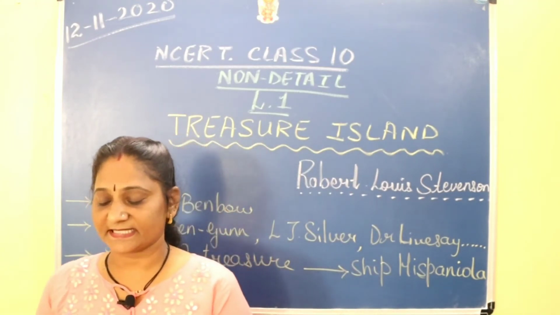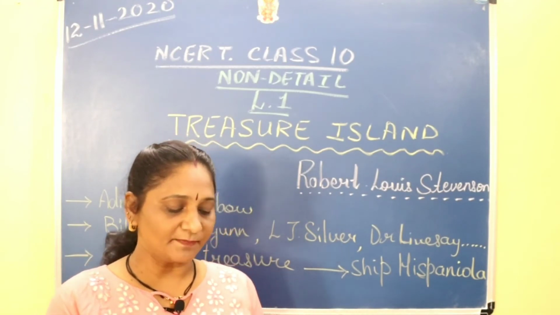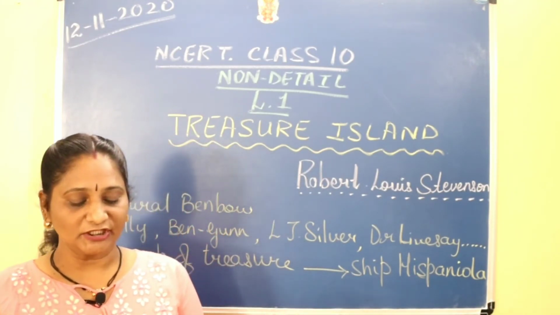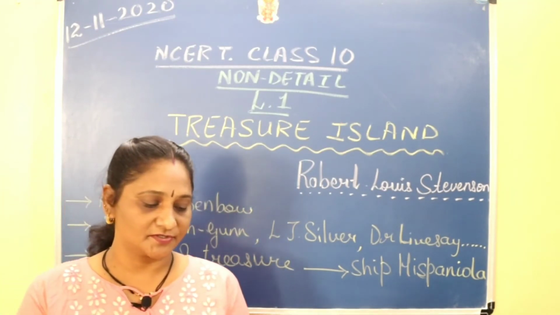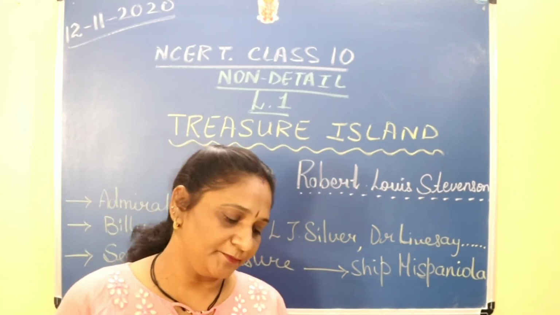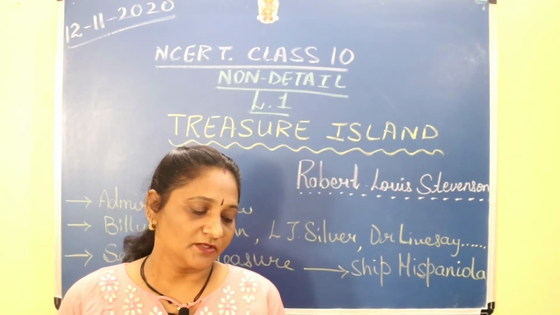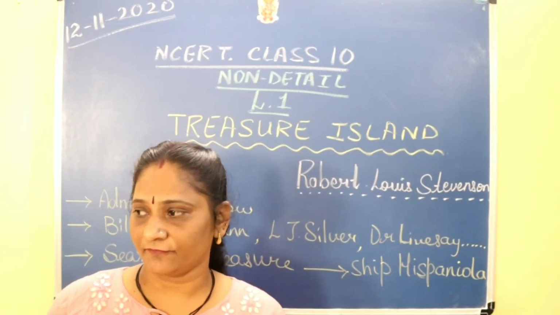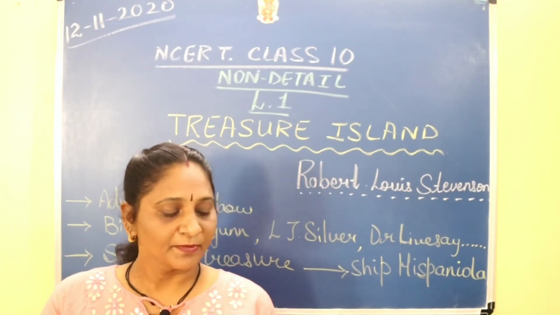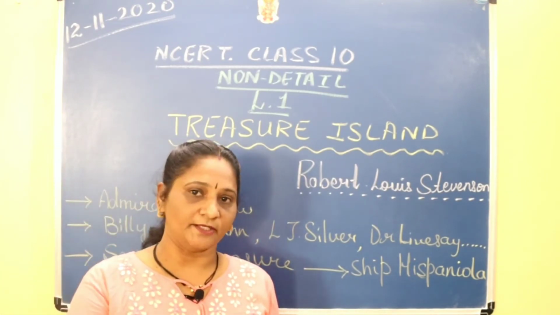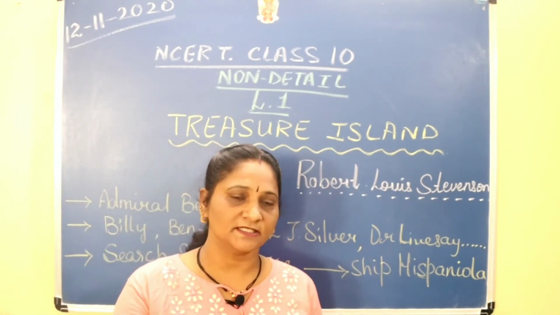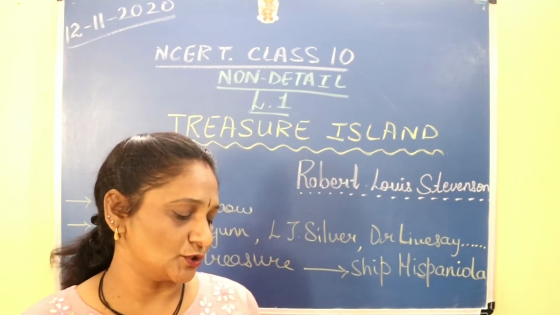He kept the pirates at gunpoint, while the Captain and the others made the journey ashore carrying useful things, that is the provisions, arms and ammunition. So Redruth took care of the safety, and these other people went to the ship Hispaniola and brought all the belongings, the arms and the ammunition.